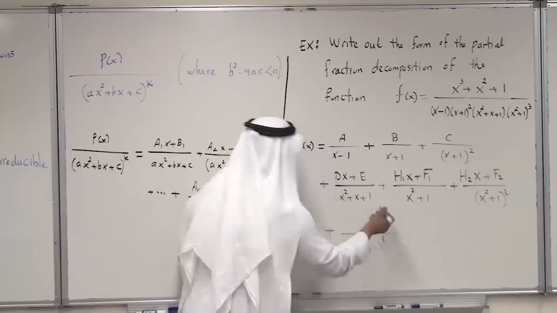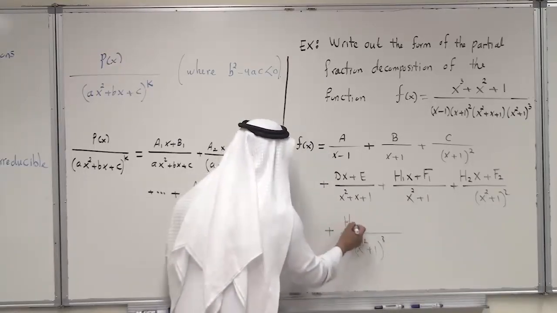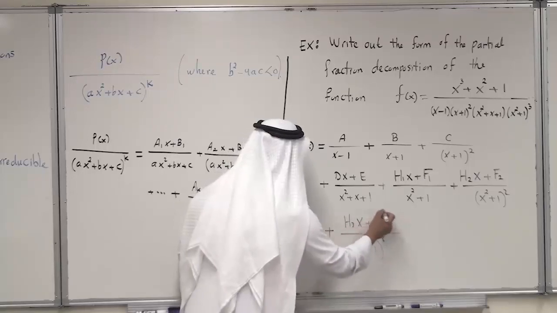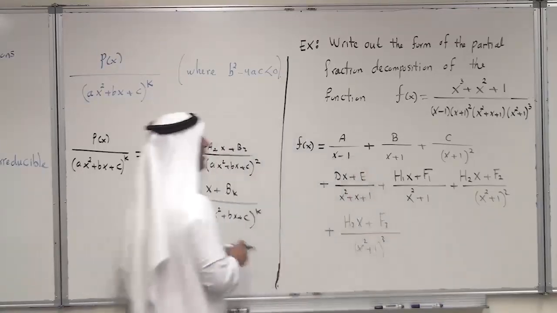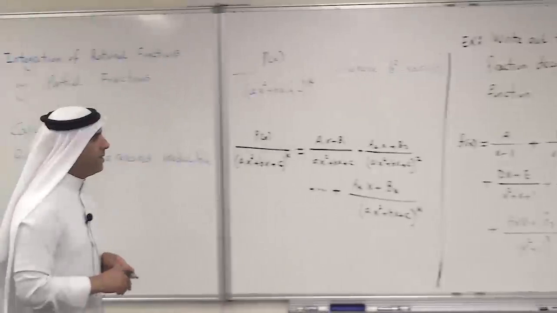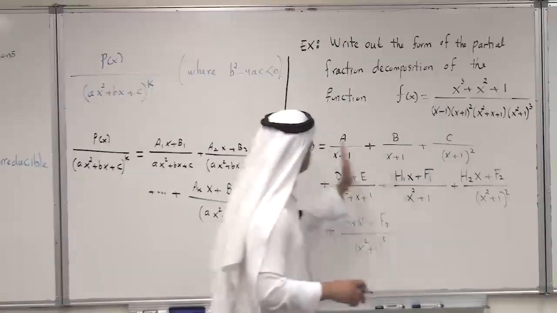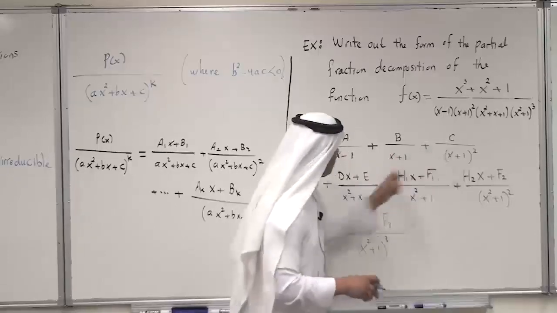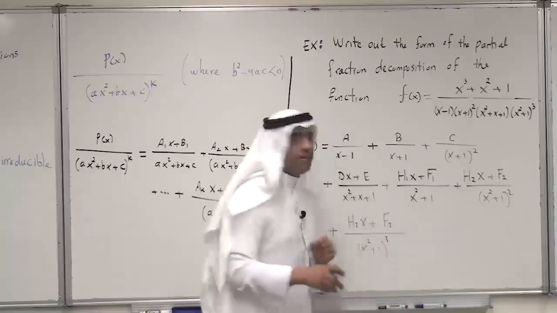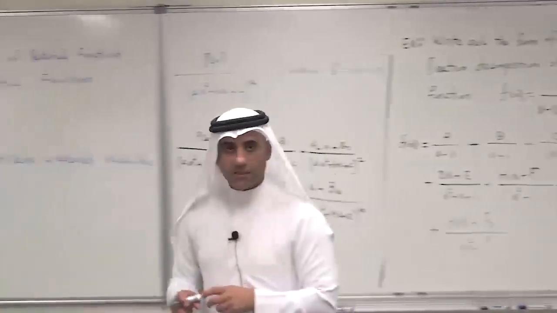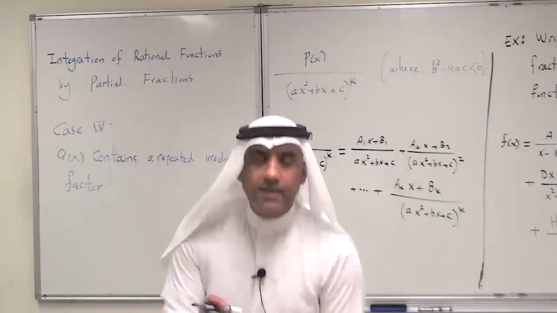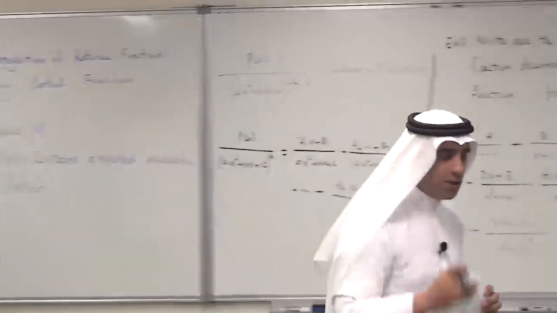I need another polynomial here, so it is h3x plus f3, f sub 3. So, yes, this rational function can be decomposed into 1, 2, 3, 4, 5, 6, 7 sub-fractions. This is how to rewrite a function in the partial fraction decomposition.